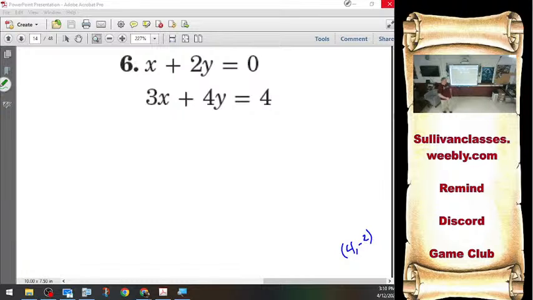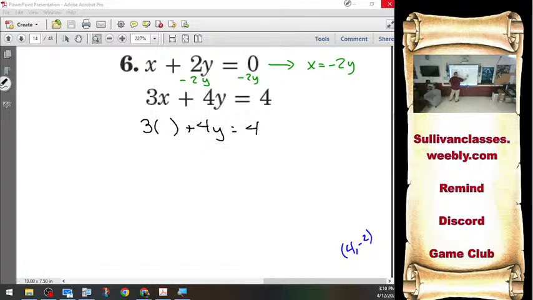You do it. Okay. Is everyone cool with subtract 2y? You can get the other stuff by itself, but this is the easiest route. Take the path of least resistance. So I get x is negative 2y. Cool? If x is negative 2y, then 3 times a thing plus 4y is 4.